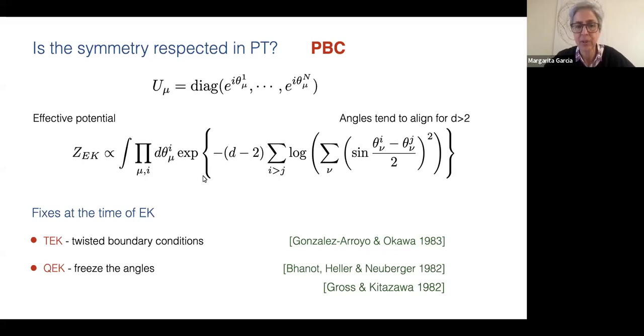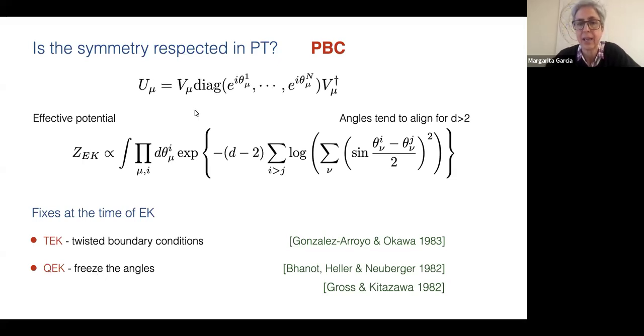So the fixes that people did at the time of Eguchi-Kawai were 2: TEK, which is to change the boundary conditions from periodic to twisted boundary conditions, as introduced by 't Hooft, or quenched Eguchi-Kawai, QEK, which was basically to freeze the angles. In that case, you simulate basically the matrices that make the U_mu diagonal, and then average a posteriori over the angles with a distribution that is uniform, okay?